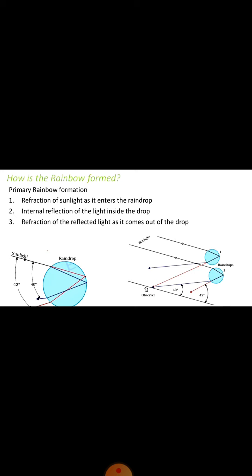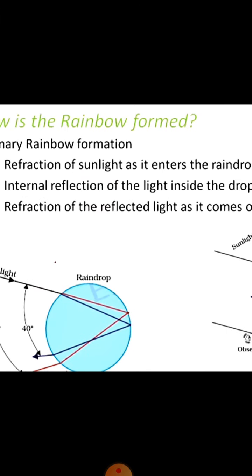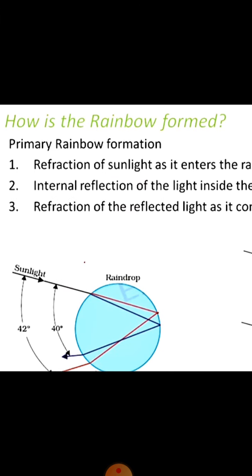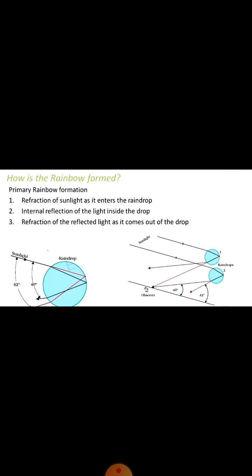So while entering the raindrop, there was refraction; inside there was internal reflection when the light strikes the boundary of the raindrop and comes back; and again, when it comes out from the raindrop to the atmosphere, refraction takes place.